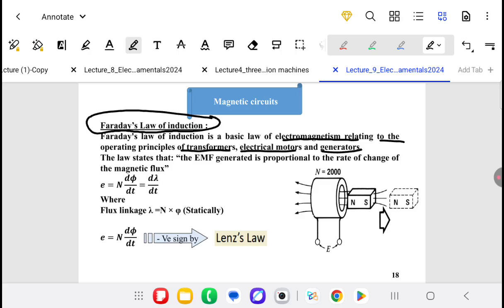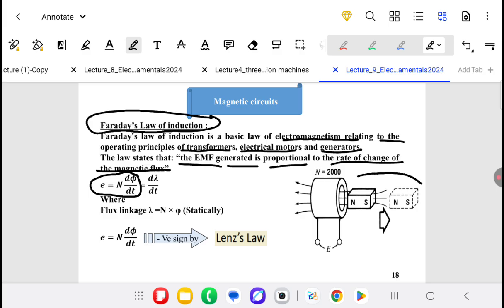The law states that the induced EMF generated is proportional to the rate of change of magnetic flux. Then we must have a changing flux with time, having a rate of change d phi by dt, to have an induced EMF in the coil.